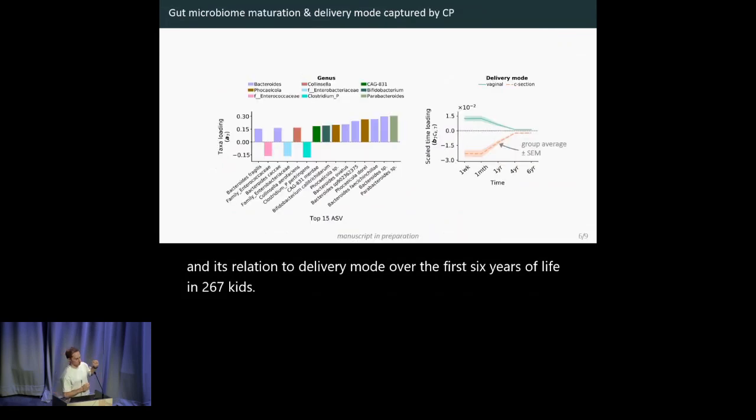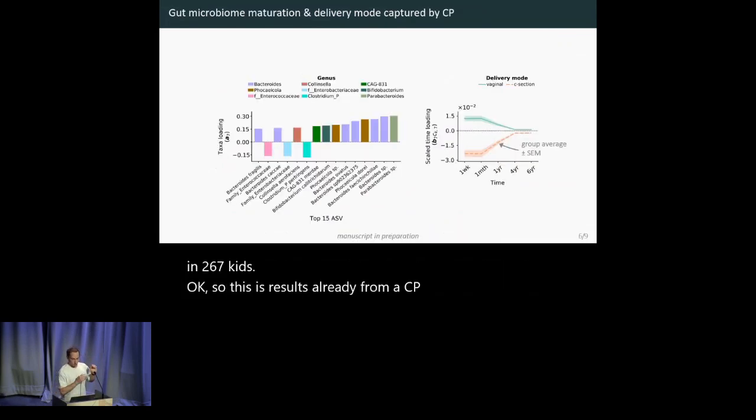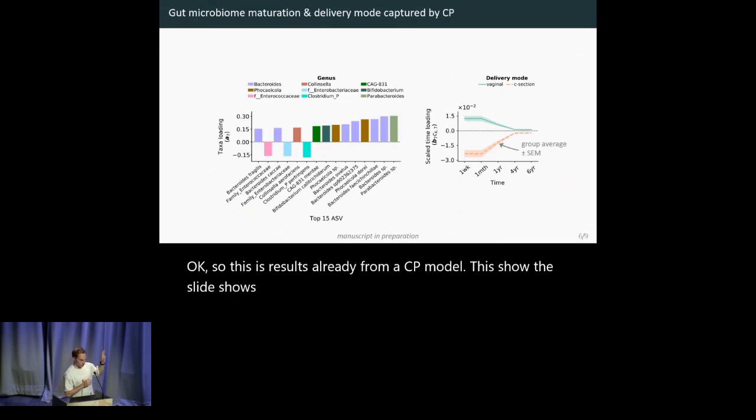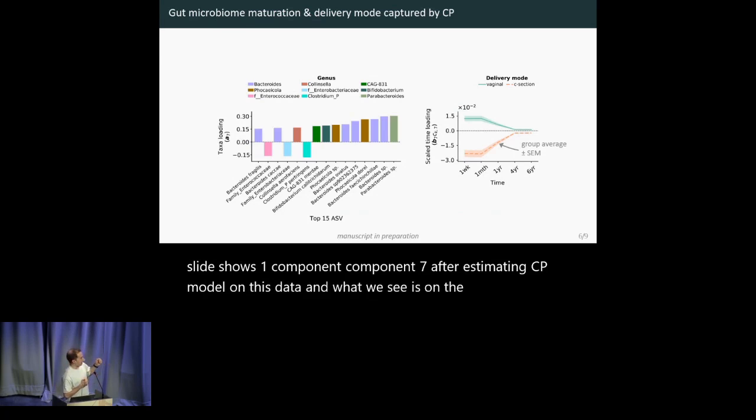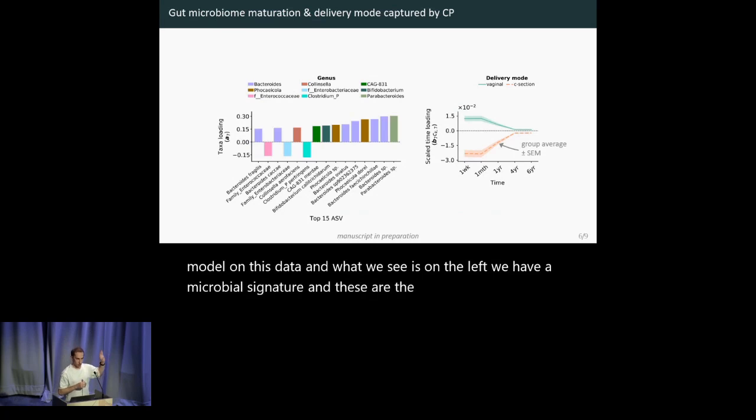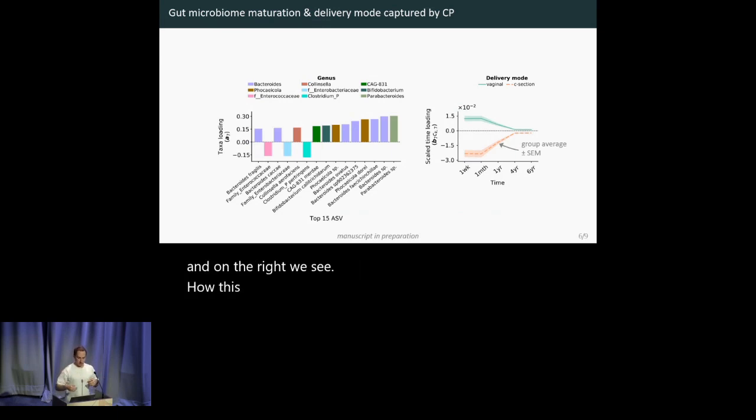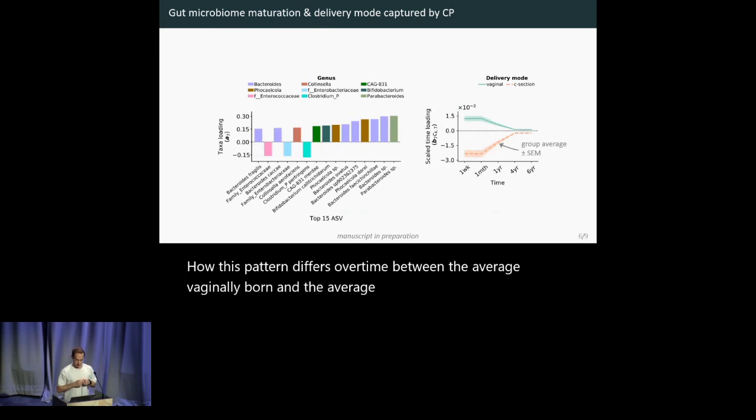Okay, so this is results already from a CP model. The slide shows one component 7, after estimating a CP model on this data. And what we see is on the left, we have a microbial signature. These are the top 15 only, truncated. And on the right, we see how this pattern differs over time between the average vaginally born and the average cesarean-born child.